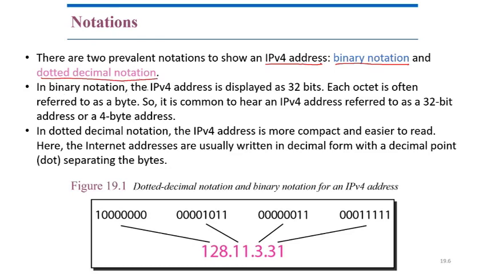In binary notation, an IPv4 address is displayed as 32 bits, and each octet is often referred to as a byte. So it is common to hear an IPv4 address referred to as a 32-bit address or a 4-byte address.